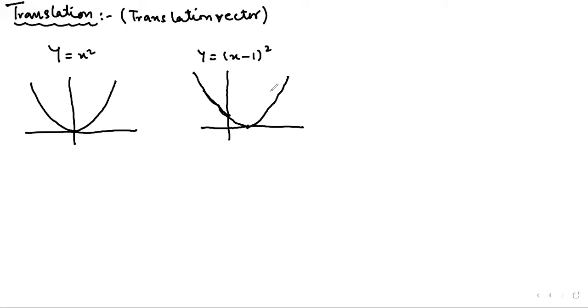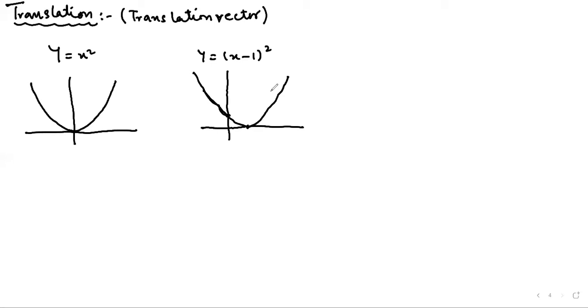When there is x minus 1 in the equation, the curve will move 1 unit towards the right side.